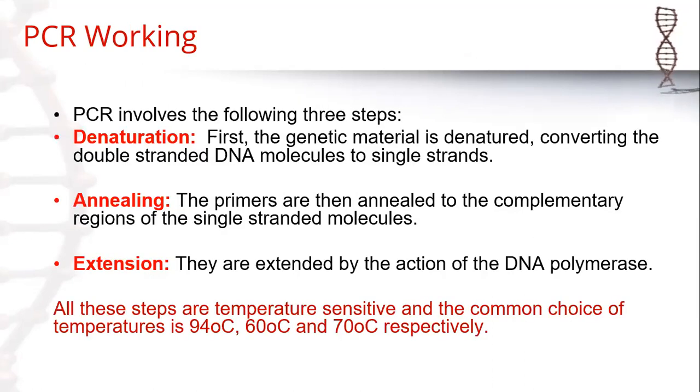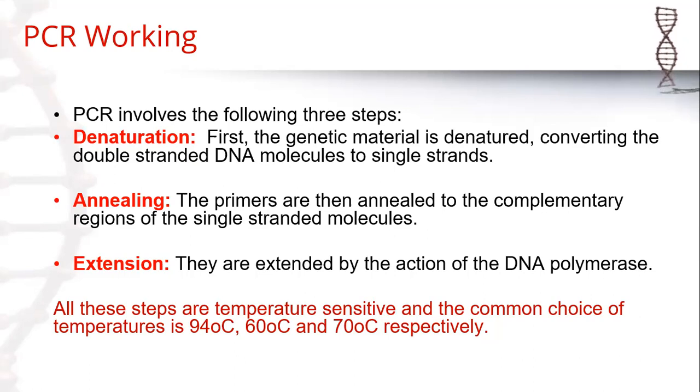I hope we all know the basic PCR working, as we have heard about these steps, but we are discussing here with respect to primer designing, and we will discuss some basic steps. The main steps of PCR are denaturation, annealing, and extension. In the first step, denaturation, the genetic material DNA is denatured from double stranded to single stranded.